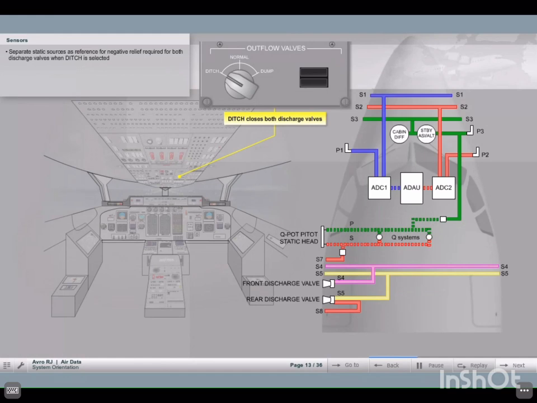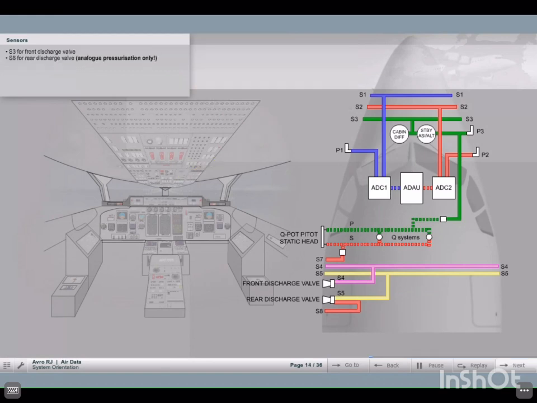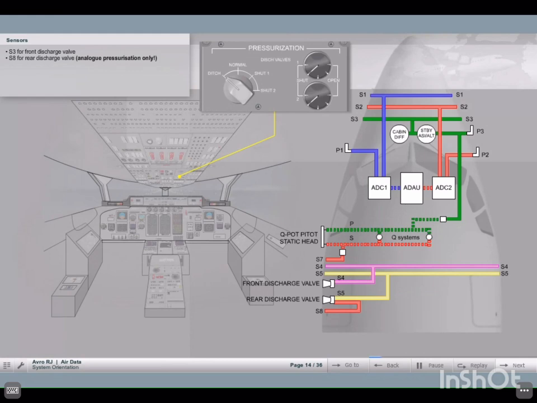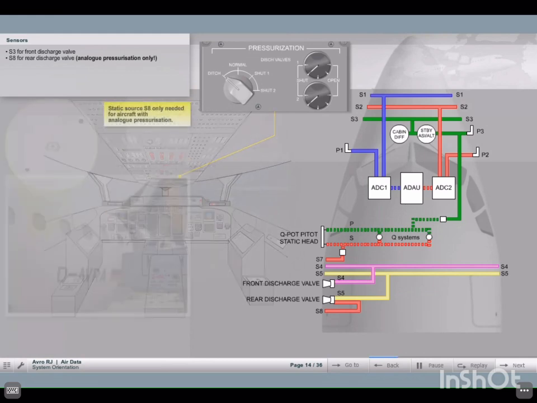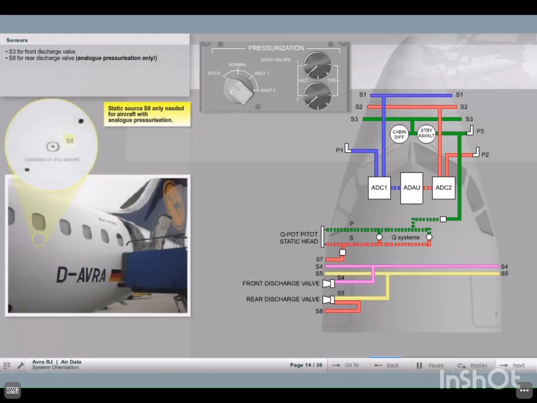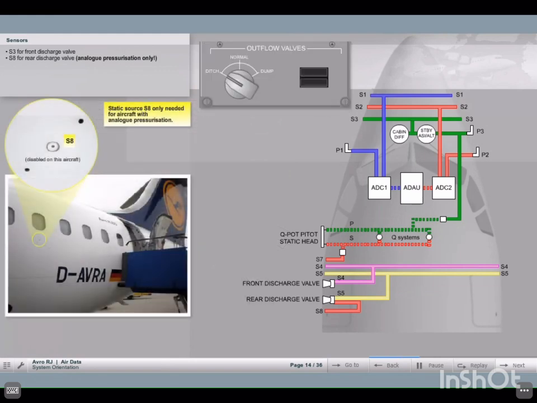Therefore, in order for the discharge valves to provide negative relief when ditch is selected, separate static sources are required for reference. For aircraft fitted with an analog pressurization system, this is provided by S3 for the front discharge valve and S8 for the rear discharge valve. The S8 source is deleted and the discharge valves interconnected via a static line when digital pressurization is fitted to the aircraft.